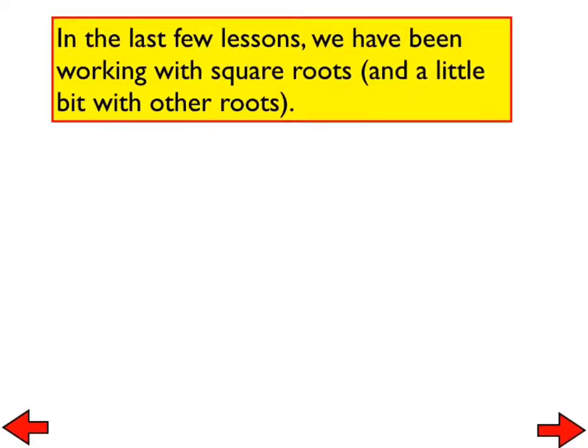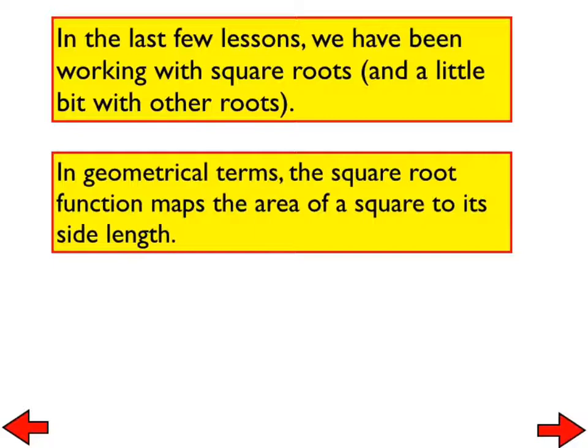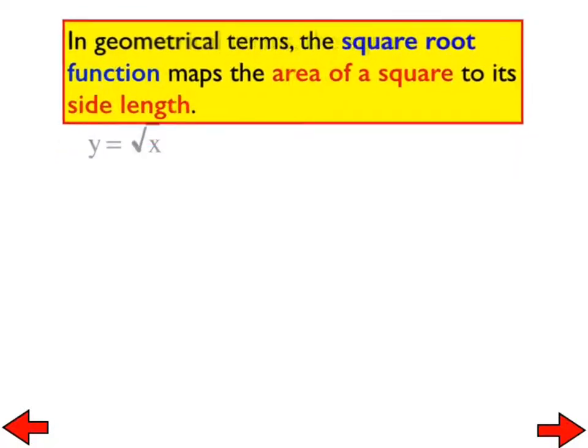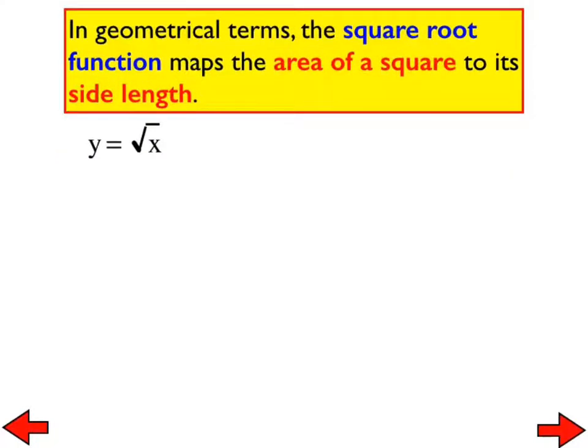So I just talked about this. In the last few lessons, we've been working with square roots and a little bit with other roots. In geometrical terms, the square root function maps the area of a square to its side length. And this comes from the first two problems of today's lesson. So if I were to graph this square root function, y equals the square root of x, it would look something like this.